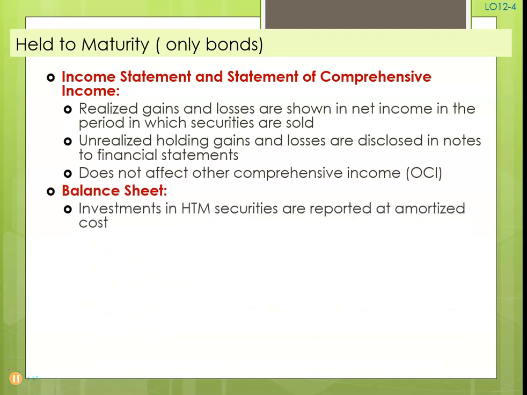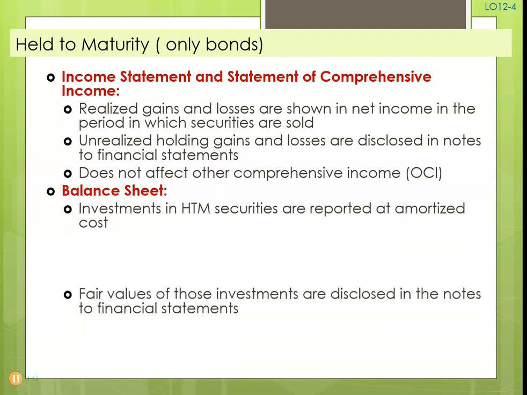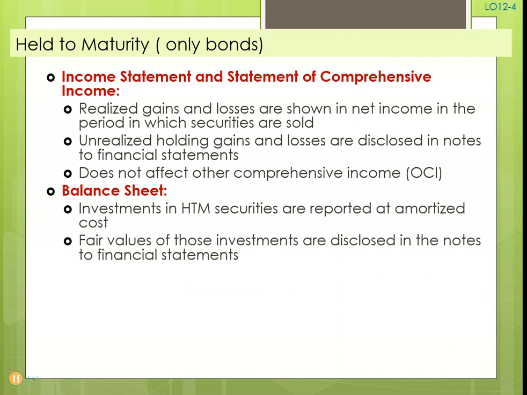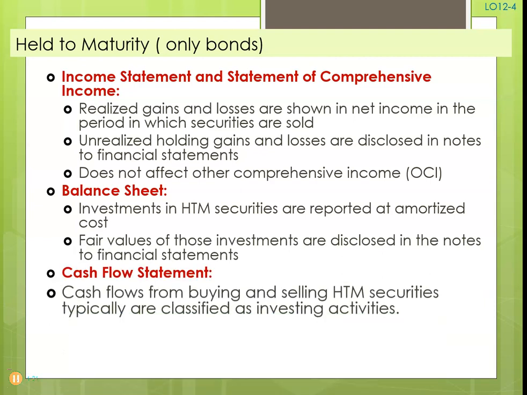On the balance sheet, investments in held to maturity securities are reported at amortized cost, and the fair value of these investments is disclosed in the notes to the financials. On the cash flow statement, cash flows from buying and selling held to maturity securities are classified as investing activity. However, any interest that you earned is always part of operations.